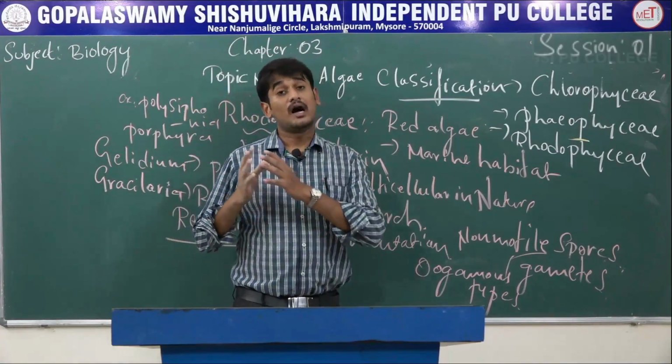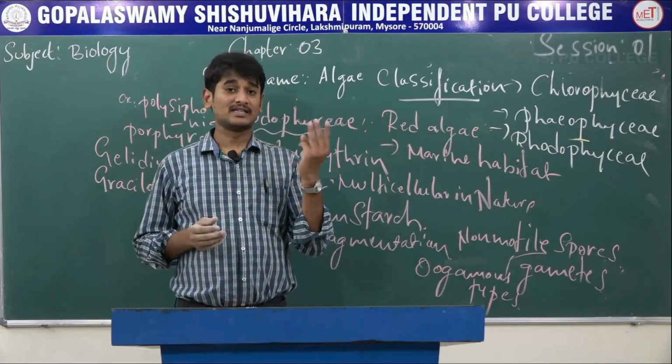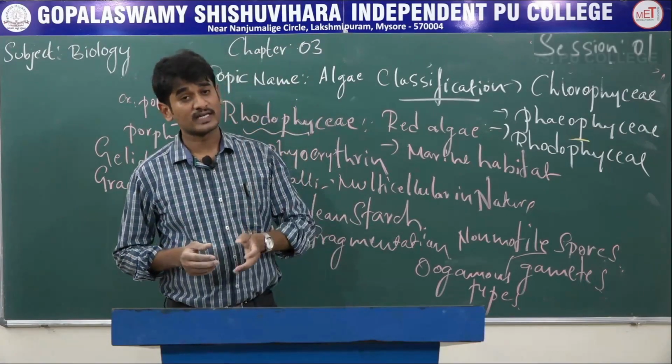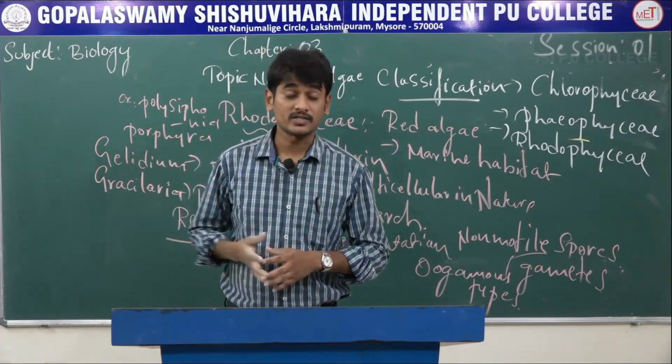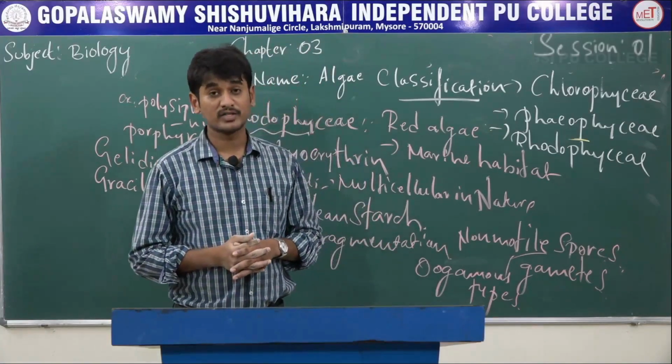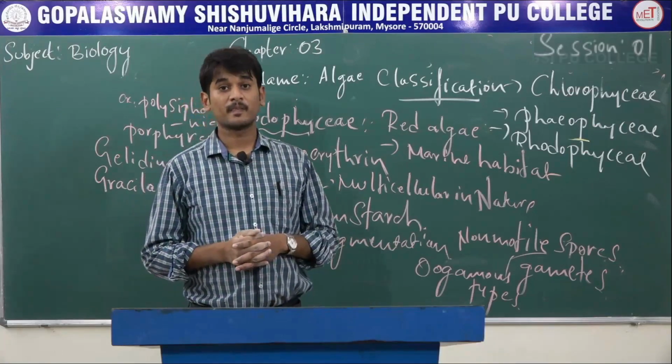Algae are classified mainly into three classes: chlorophyceae, phaeophyceae and rhodophyceae. In the next session we are going to study bryophytes. Thank you.